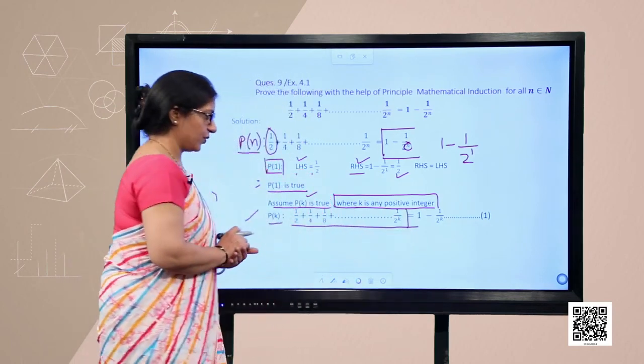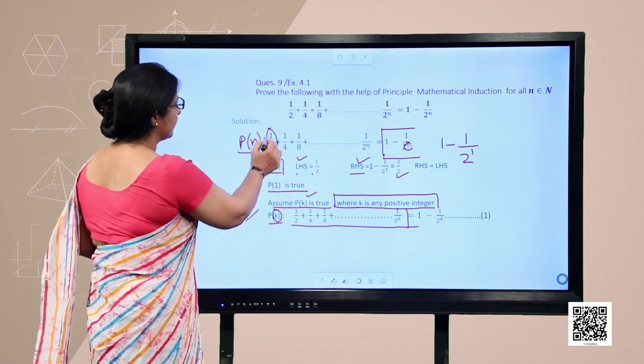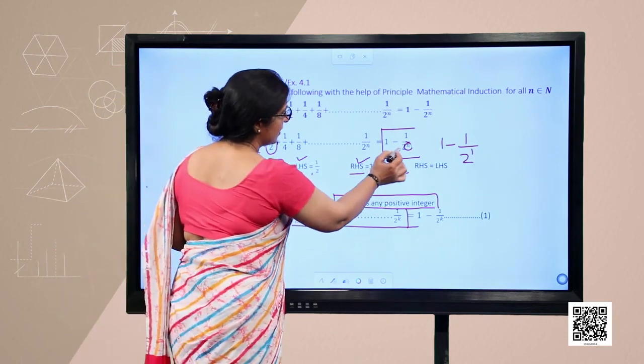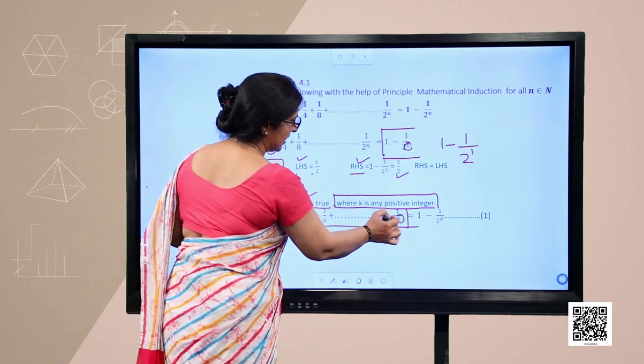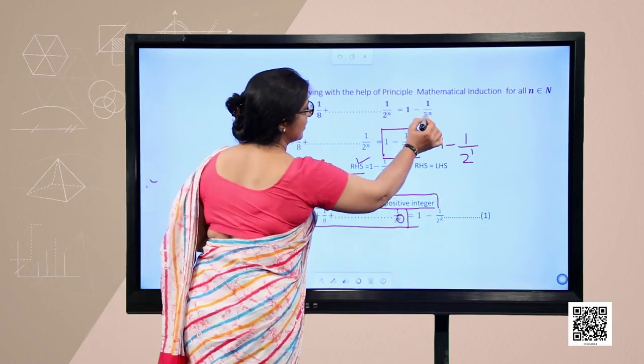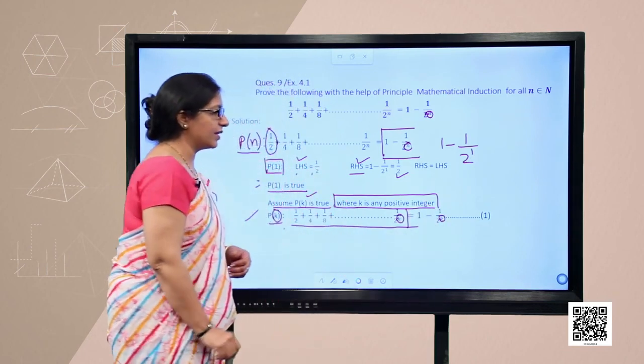So, the Pk statement can be written easily, just by replacing n by k. Wherever there is n, we replace it by k and we get this expression for Pk: 1 minus 1 upon 2 to the power k.